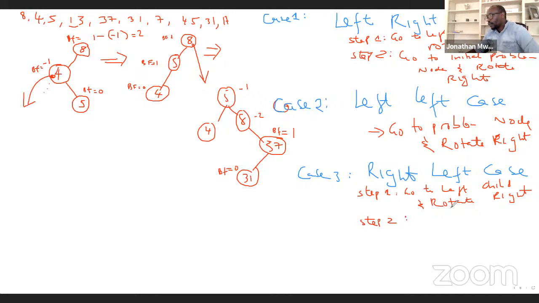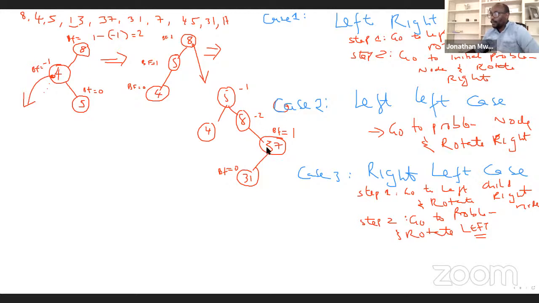Step 2, go to initial problem node and rotate left. Okay, let's see that in operation.